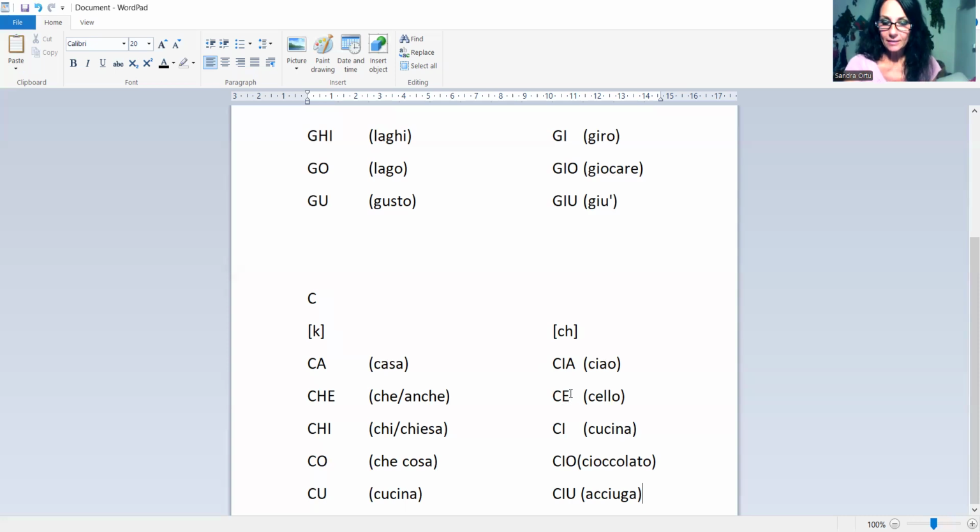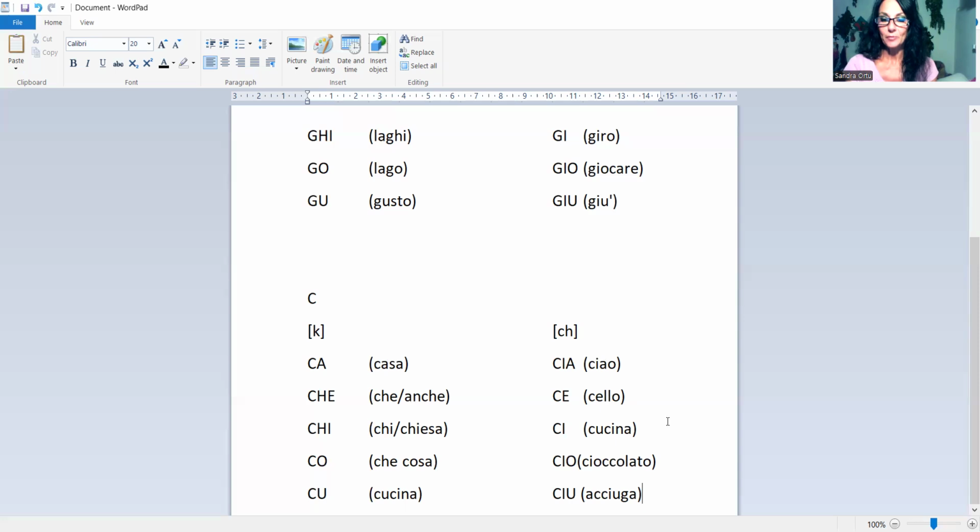The sound che, I've chosen the instrument cello because it is written exactly the same way in Italian and in English, and it is also pronounced in the same way, cello. The sound ci, I've taken exactly the same word, cucina, which is kitchen or cuisine, you can see ci. But also think about cappuccino, has the same sound and spelling, ci.